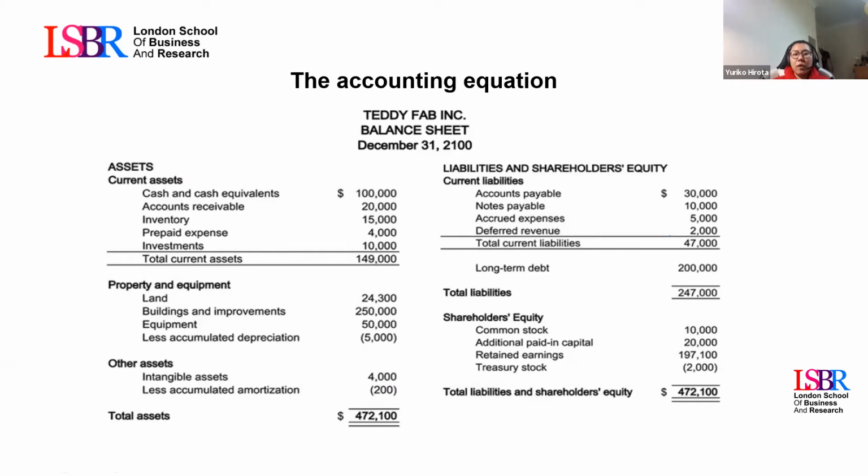For example, if you affect prepaid expense, you need to affect somewhere here, or in another case the income statement. But let's see some examples.